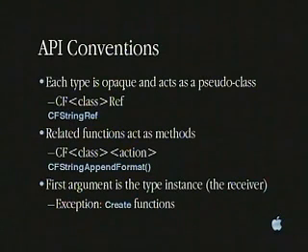The type of an instance of such a class is named with the class name plus the term Ref, and that is an opaque reference to an object of that class. The operations on that type are functions that begin with the class name, just as the type does, and then name the operation. So in this example on the slide, we have CFString, which is the name of the class, AppendFormat, which is the name of the operation.